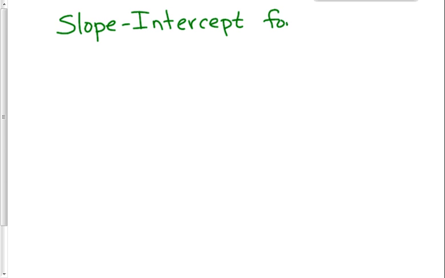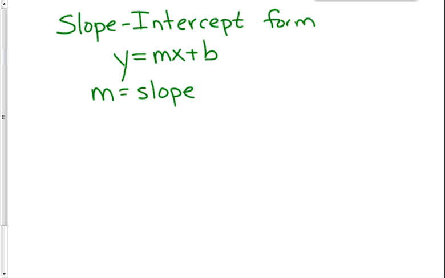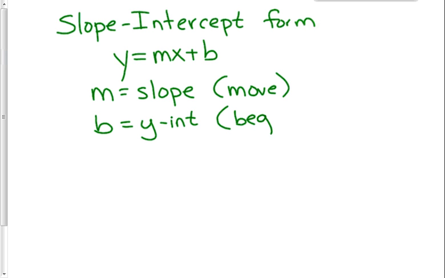I just want to take a moment to review what we've talked about in the past 2 videos. The last video we talked about slope intercept form. That looked like this, y equals mx plus b, where m was the slope, told you how to move, and b was your y-intercept, and it told you where to begin.